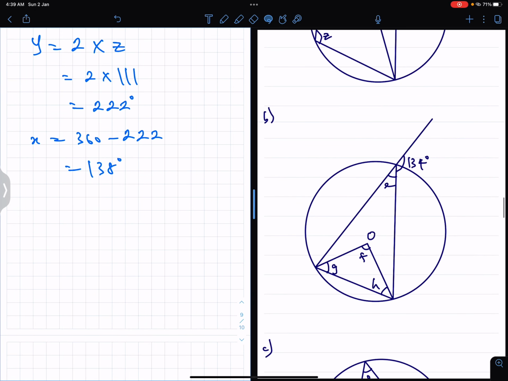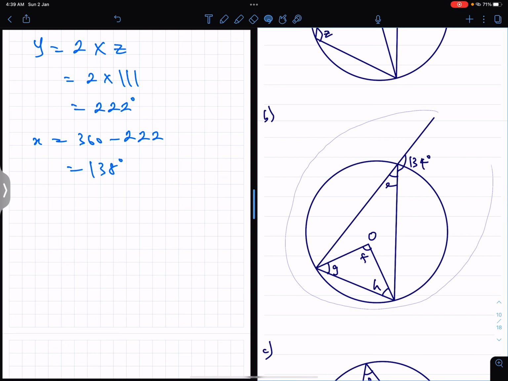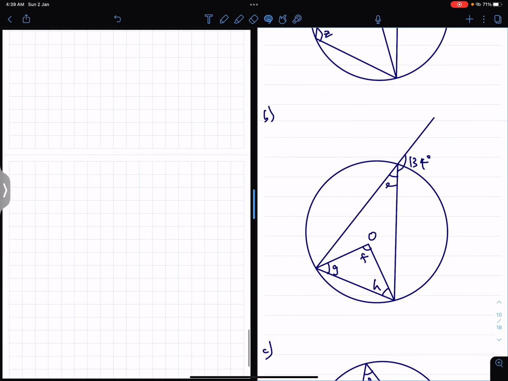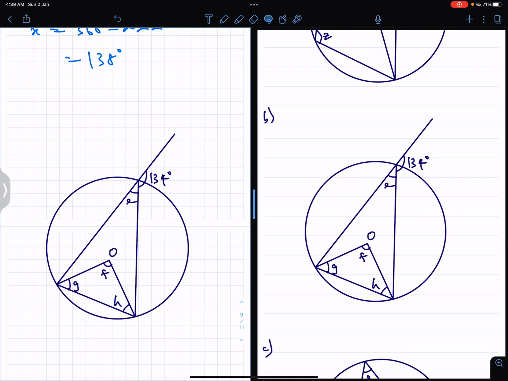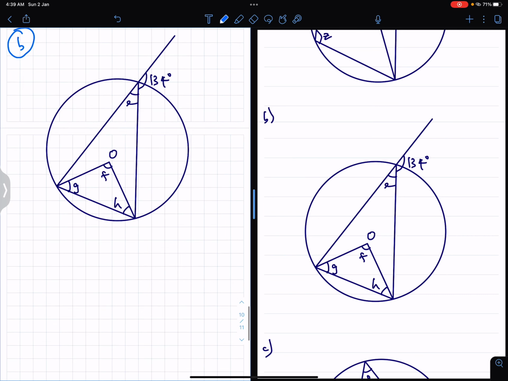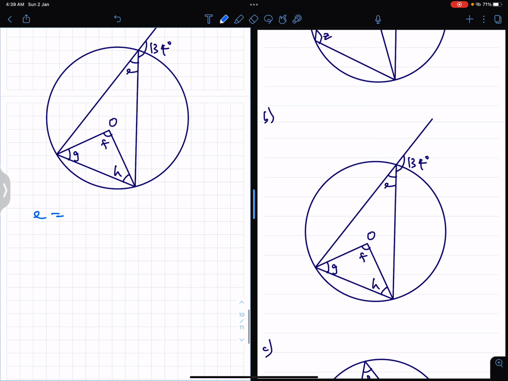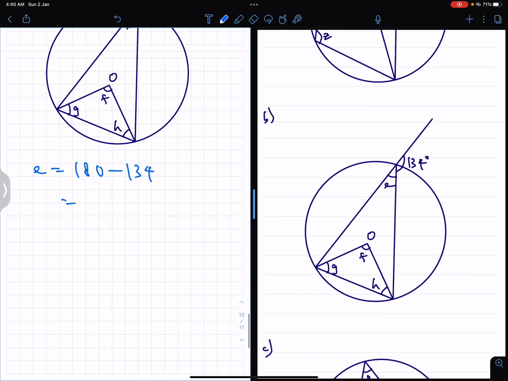Now number 4B. We are finding the lettered angles. First of all, A is 180 minus 134 degrees. Angles on a straight line, and that's 46 degrees.